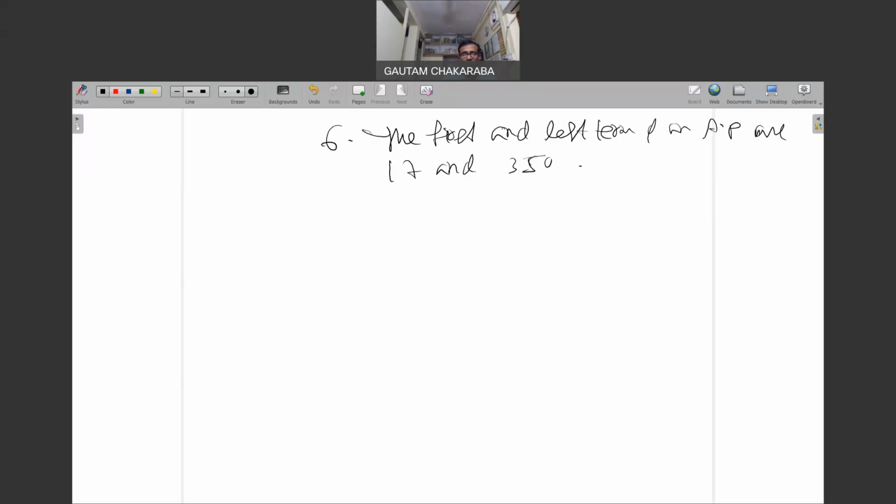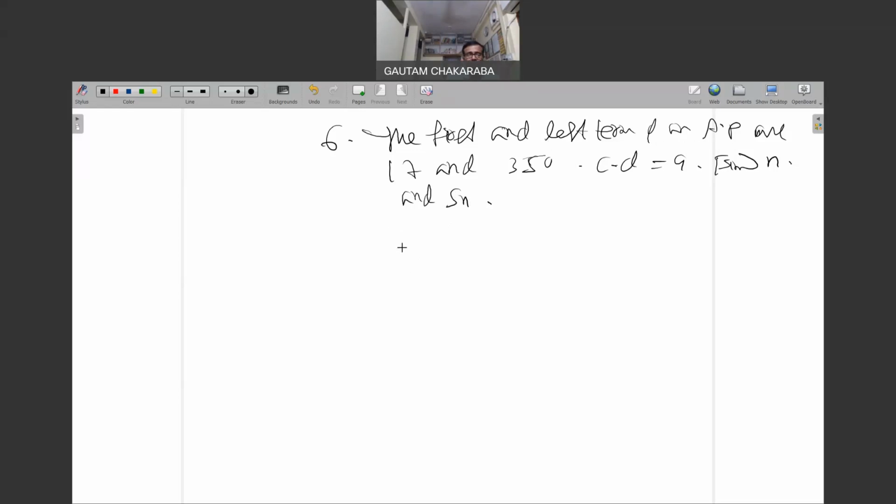The common difference is 9. How many terms are there and what is their sum? Find n and also find Sn.